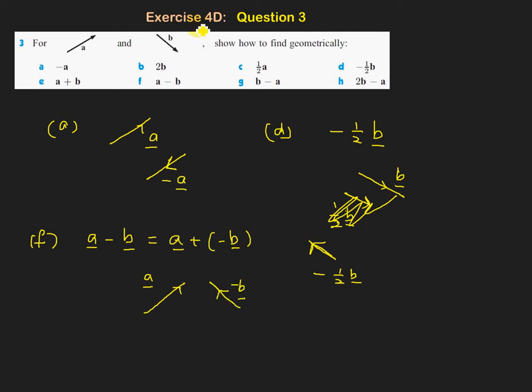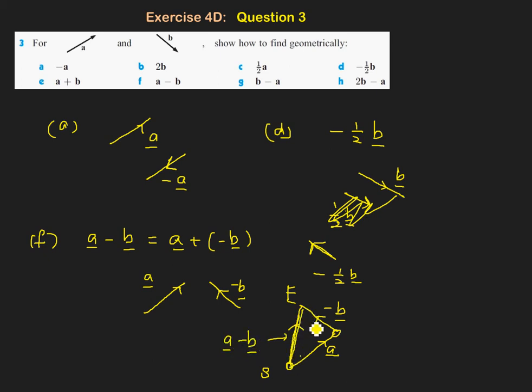So at the end of vector A we add the negative B vector, and since this is the start point and this is the end point, we join them, and voila, this is your A minus B vector, this vector here.